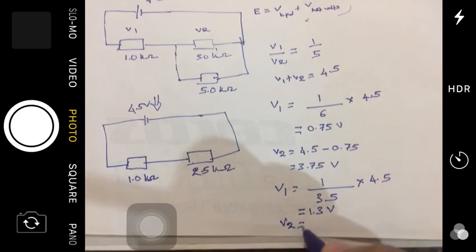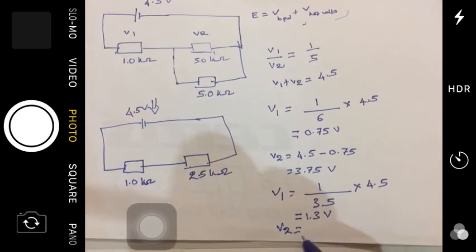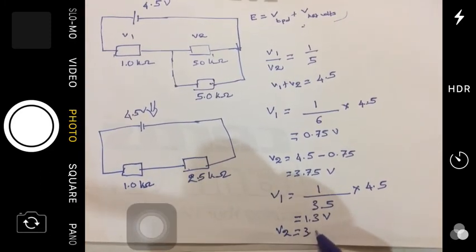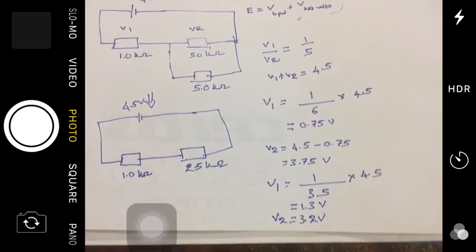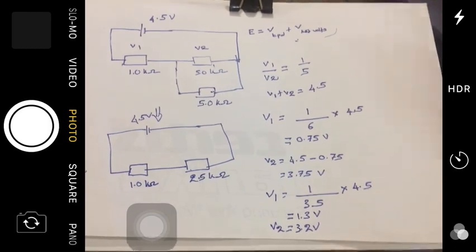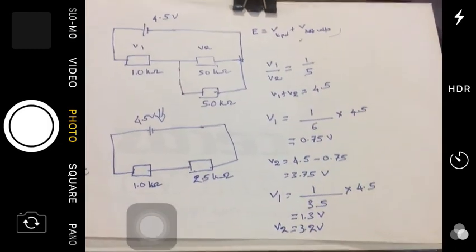Then V2 would be equal to 3.2 volts. Okay, so this is the fundamental idea of a potential divider.